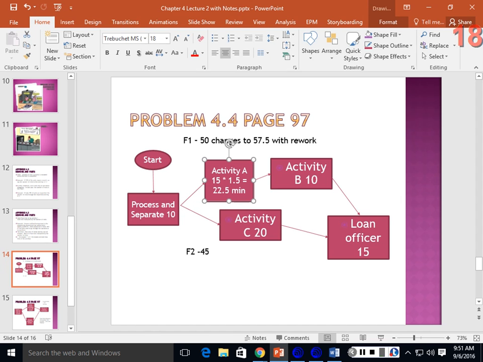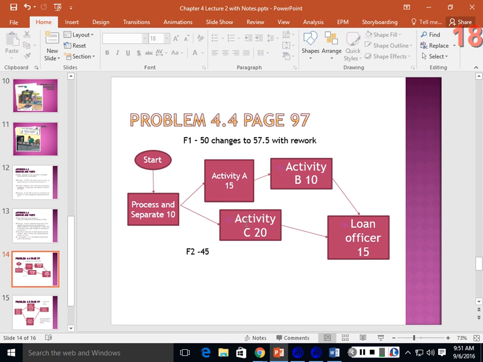On the other hand, if 50% of the units had to be reworked for activity C, is that going to change the critical path? Yes, because that's going to make it 30 minutes, which is greater than the top.